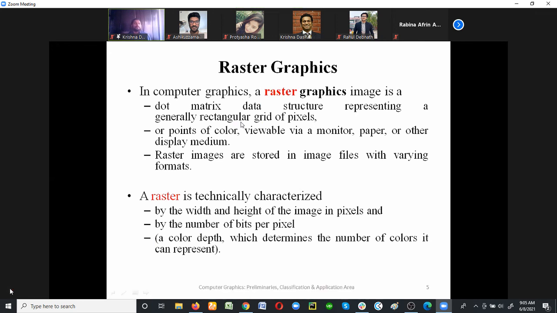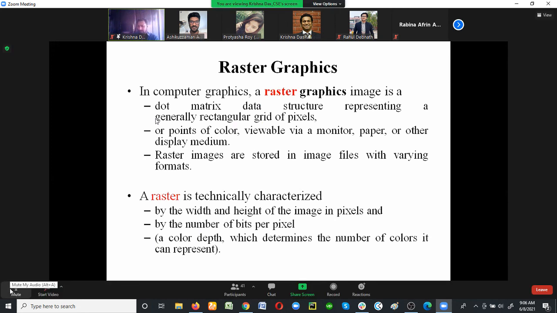A small piece or quantity of something. Yes, the most basic unit of information in a computer, the basic unit of digital information.